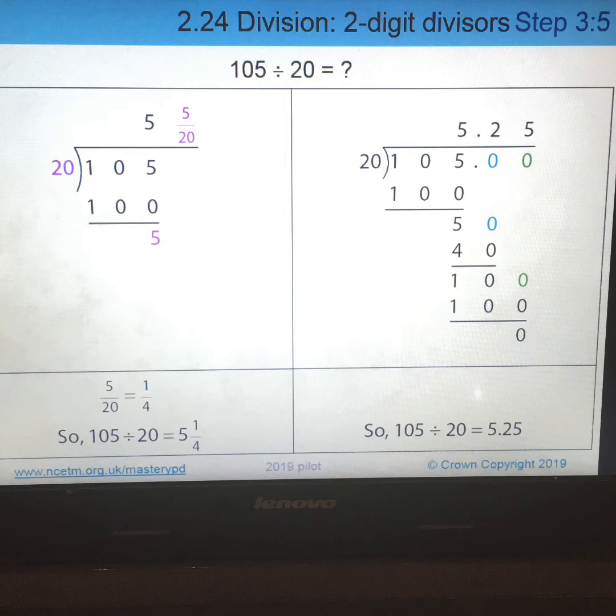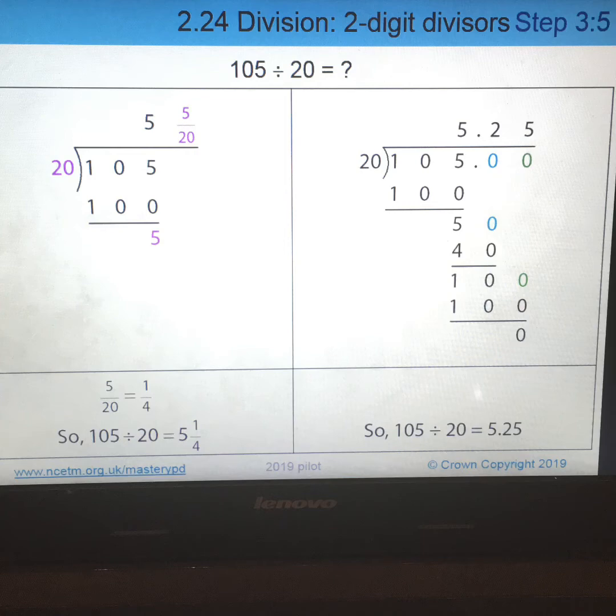Now, hopefully you remember what a quarter is equivalent to as a decimal, and you know that a quarter is 0.25 because a quarter of 100 is 25. So hopefully you know that 5 1/4 is the same as 5.25. Now, to prove that, on the right-hand side, you've got the decimal version. So again, you've already found out 20 goes into 105 5 times with a remainder of 5. Put your decimal point, move your 0 down. So now you've got 50 divided by 20.